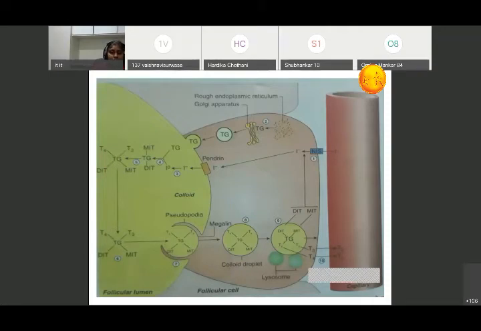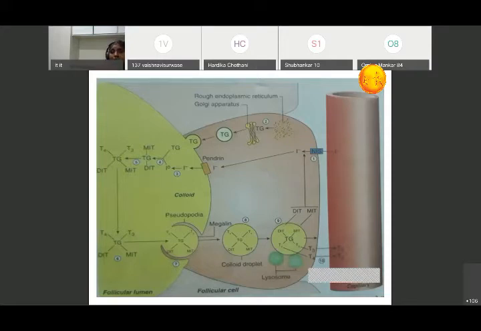And you already know that two molecules of diiodotyrosine form T4, and one molecule of monoiodotyrosine and one molecule of diiodotyrosine form T3. Now, here they are in the colloidal material, in the thyroglobulin only. This T3 and T4 are still in the thyroglobulin.